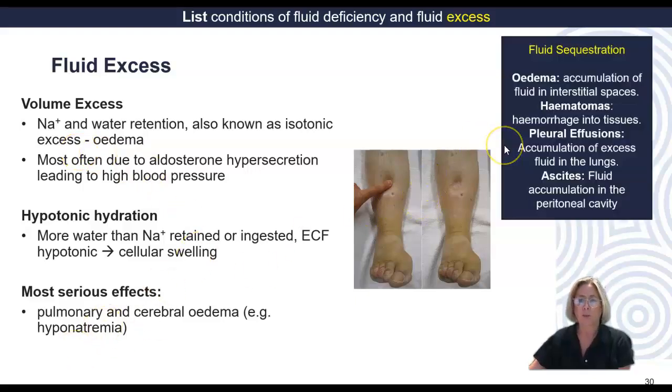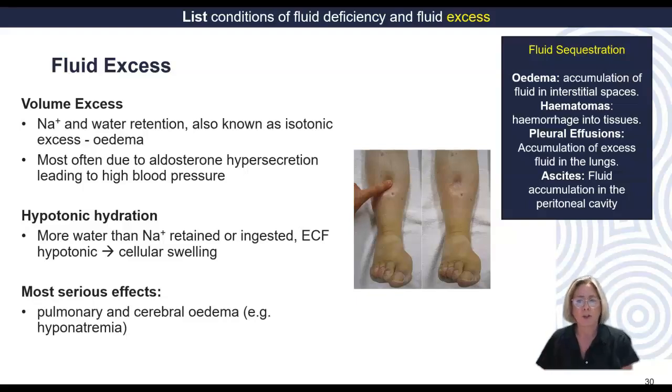And just to finish up on this section here, we have fluid sequestration. Sounds like a big word, but it's just explaining accumulation of fluid in different regions. So edema is accumulation of fluid in the interstitial spaces. Hematomas are due to hemorrhaging into tissues, and that blood then is lost from the circulation.